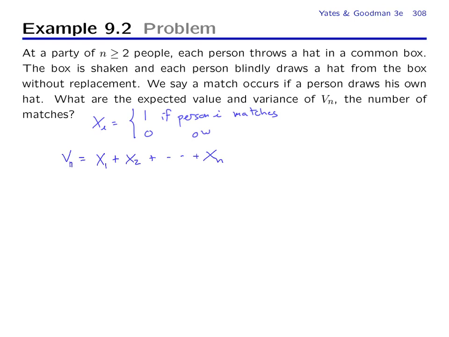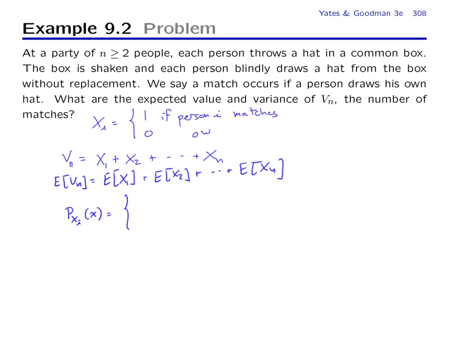To find the expected value of the number of matches, we know that we can write that the expected value is the sum of the expected values for each user. But now we need to find E of xi for each user i. We can do this by remembering that the PMF of xi is kind of simple.